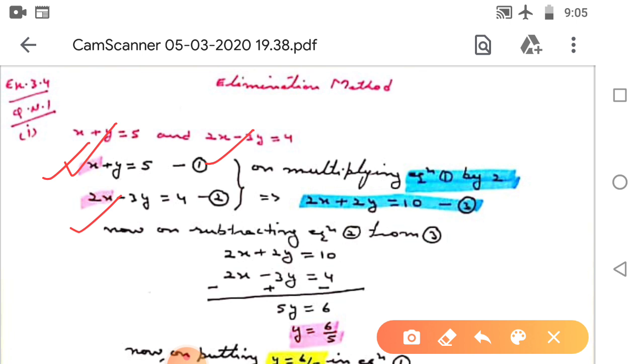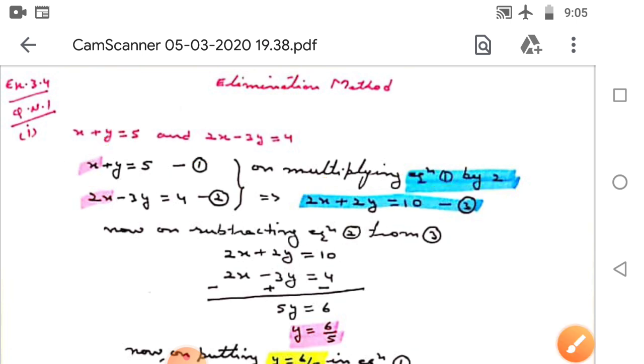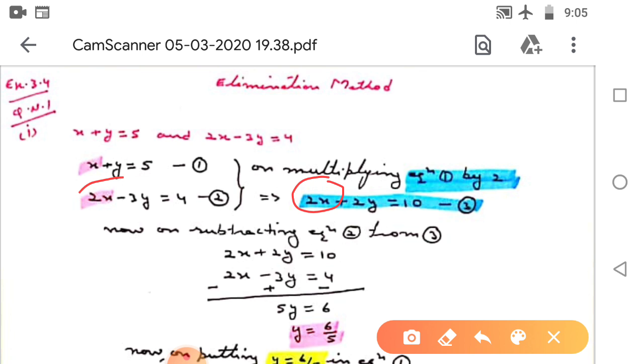Clear? So on multiplying equation 1 by 2, equation 1 is converted into 2x plus 2y is equal to 10, equation 3. Now the coefficient of x is 2 in both.